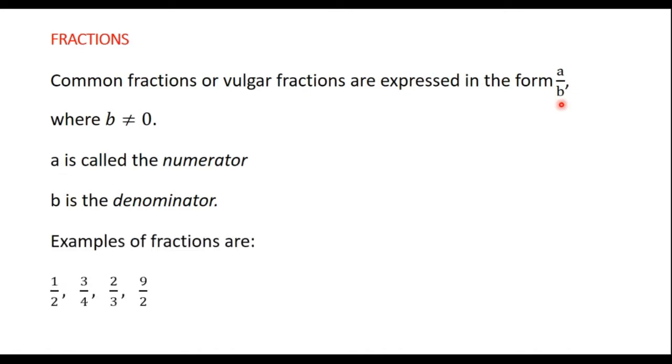So examples are 1 over 2, 3 over 4, 2 over 3, 9 over 2. These are all examples of fractions. So in this case, 1 is the numerator, 2 is the denominator. Here 3 is the numerator, here 4 is the denominator. 2 is the numerator here, 3 is the denominator here. Then when you come here, 9 is the numerator and 2 is the denominator.